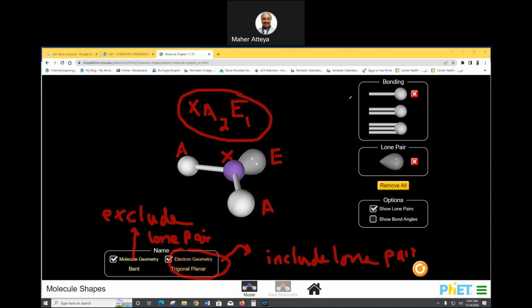When I take the lone pair out, it will be bent, no lone pair, correct? So this one here is bent. When you include it, there will be 3 of them, so trigonal planar.